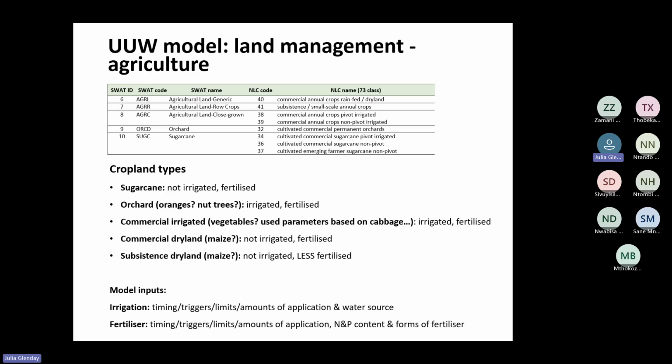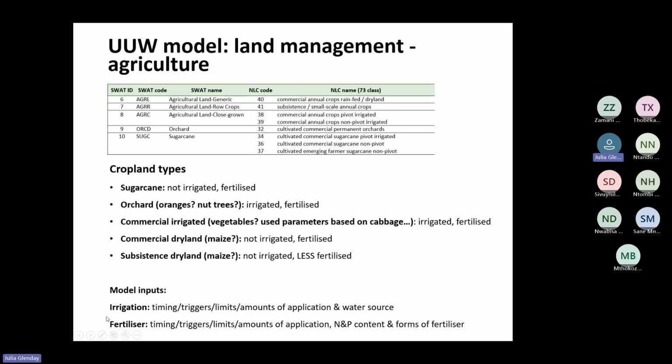And then information from the Department of Agriculture and others on suggested applications for those, and suggested applications for KZN where I could find them. But I don't know if that's what people are actually doing. And then similarly for maize, not irrigated and fertilized for what was mapped as commercial dryland. And then subsistence dryland, assuming it's maize, not irrigated, and less fertilized than commercial dryland.